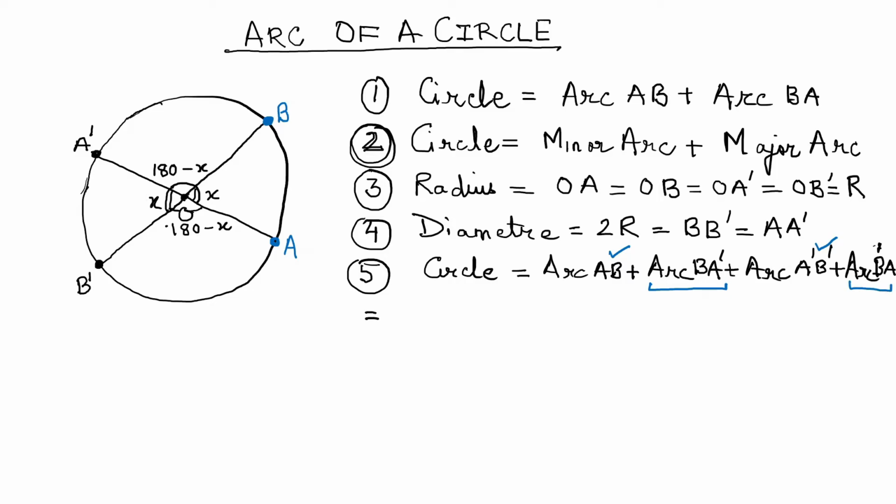So can we say eventually this is nothing but twice of the arc AB plus the arc... Let us say one arc which we have taken here is AB, and let's take the adjacent arc as BA'.